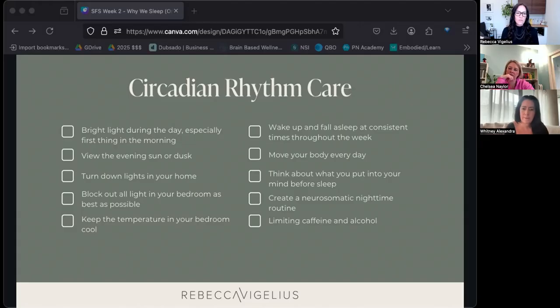So one of the things that's really important is getting lots of bright light during the day, especially first thing in the morning. Ideally, we're outside or sitting in a room with lights on. That doesn't have quite the same effect as getting out into the natural light, but we do need light first thing in the morning. There was a study of almost 500,000 people, I think it was 400,000 people.